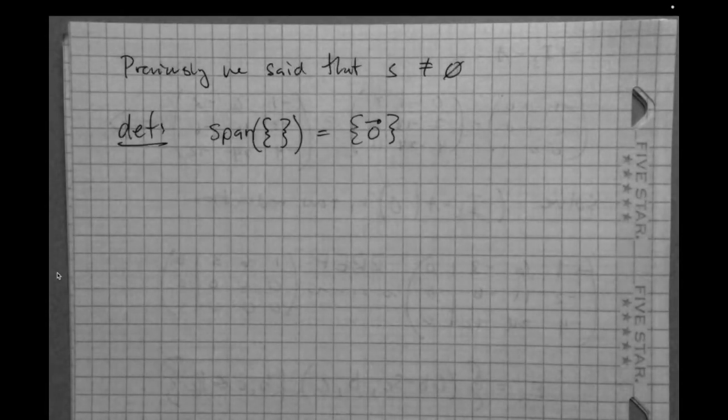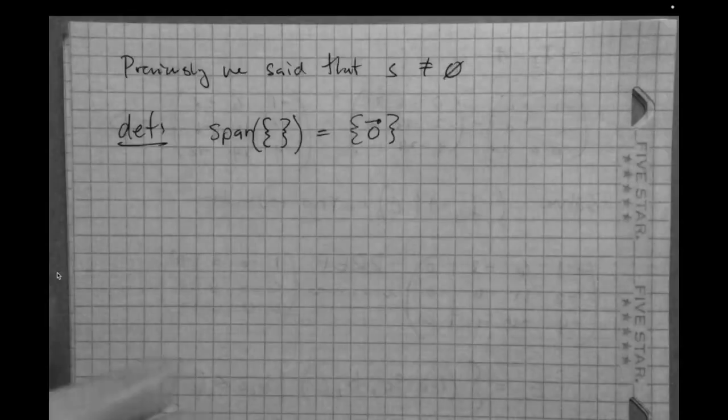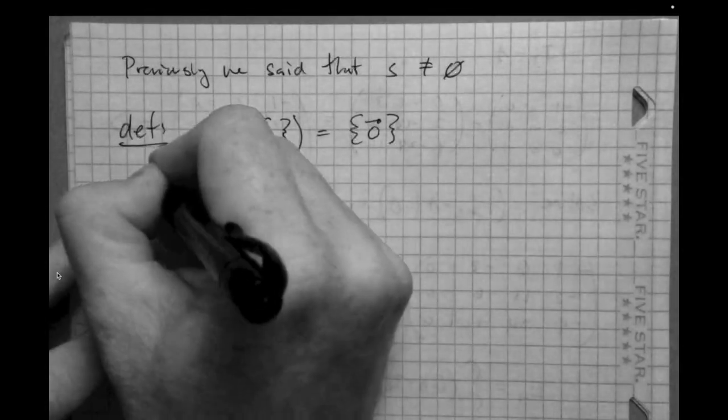So it's defined to be this, but this does make a lot of sense, right? Because the trivial subspace, i.e. the zero vector, is definitely the smallest subspace of any vector space V, and hence, obviously, it's going to be the smallest one containing the empty set. So there's good reason to define it this way. Let's write that down.